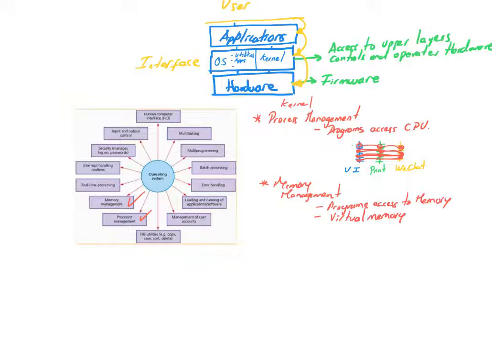I just mentioned multiprogramming, right? That means we have different threads in the same program. Maybe WeChat is a better example: we have some downloading files while I'm talking to someone, right?